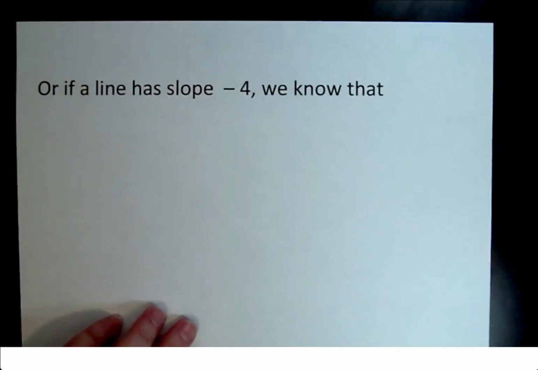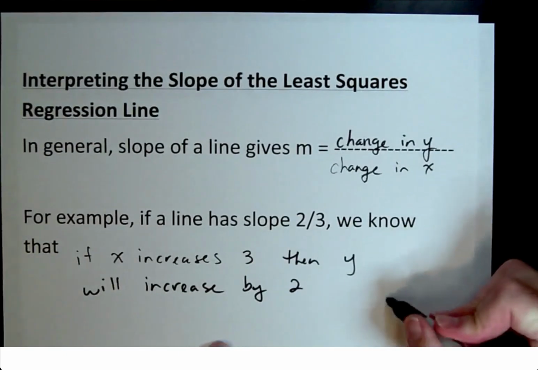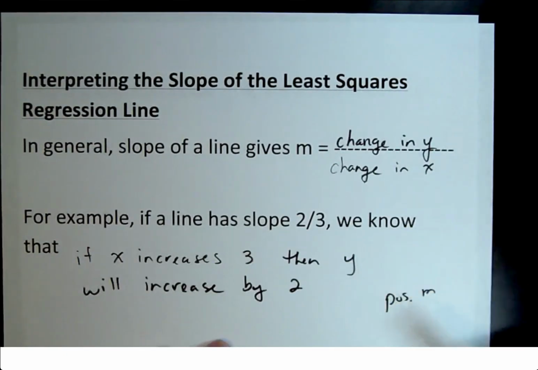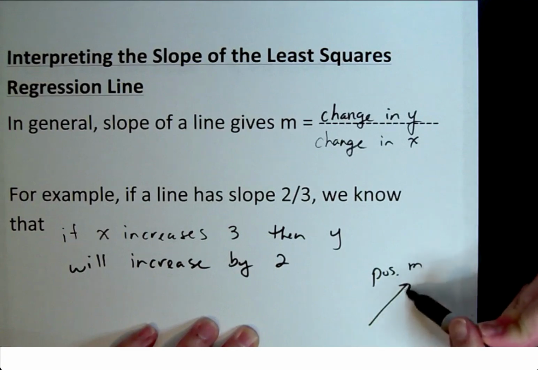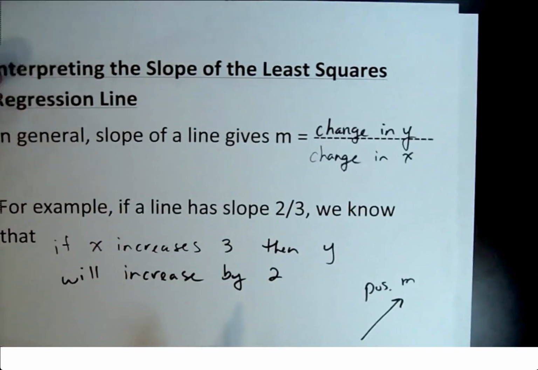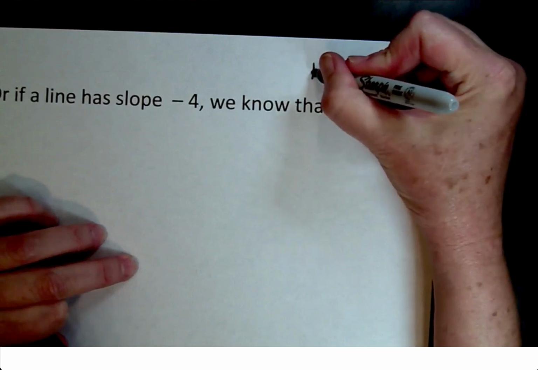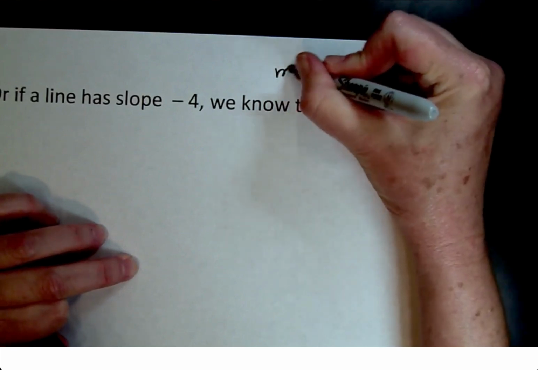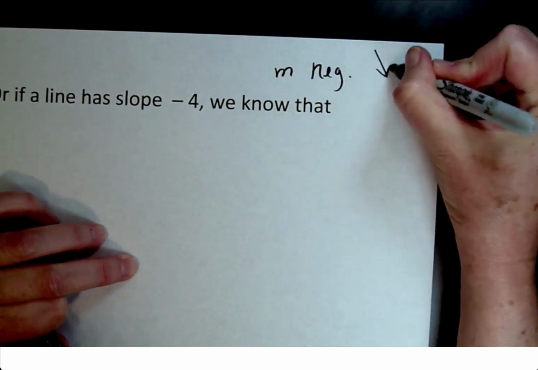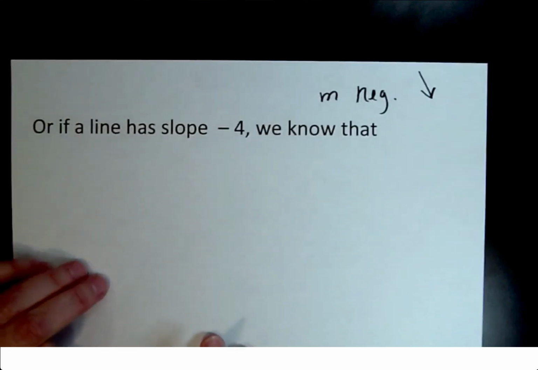Or if a line has slope -4, and remember, by the way, lines with positive slopes go uphill when you go along them from left to right. And let's remind ourselves that a line with a negative slope is going to go downhill as you go from left to right.